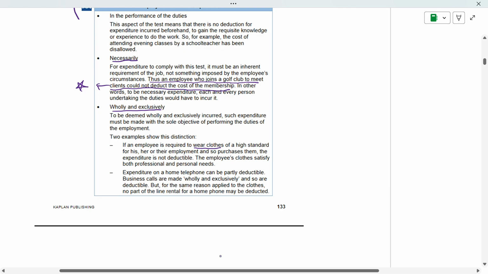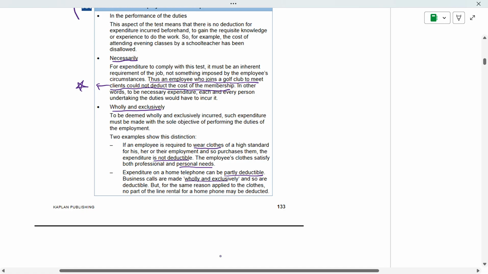If the employee is required to wear clothes of high standard for his or her employment and so purchases them, this expenditure is not deductible. The clothes satisfy both professional and personal needs. Expenditure on home telephone can be partly deducted, as business calls are made wholly and exclusively.